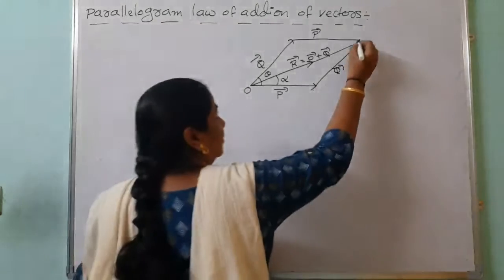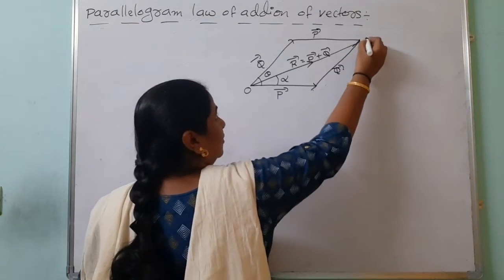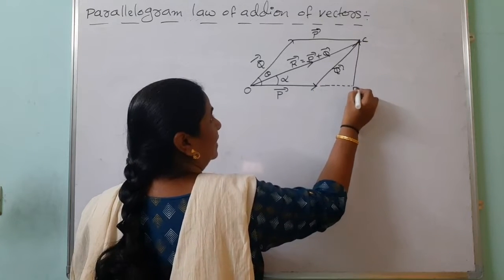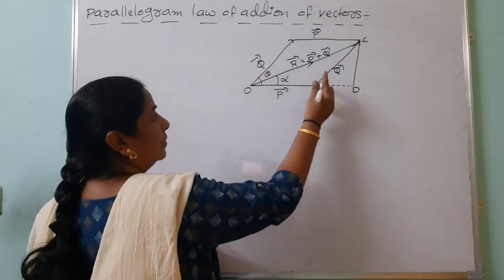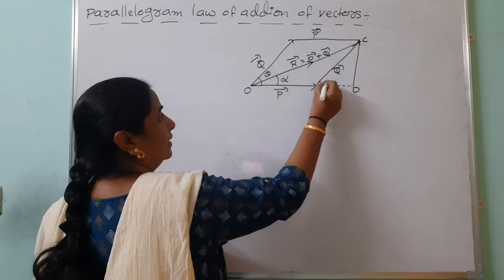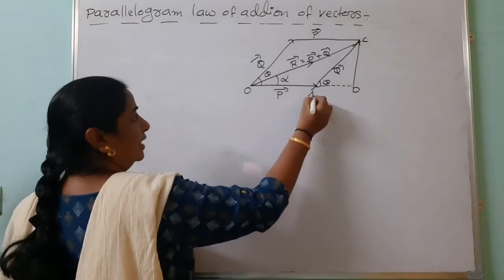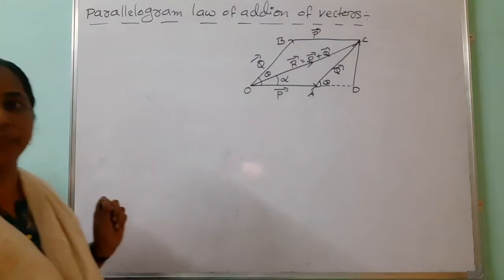Then for solving this, we should drop a perpendicular from C and extend this, and give one point, that is D. If the angle is theta, these two are parallel, so the same angle it will make here. This is also theta. So this vector we consider OA, this is OB and that is OD.